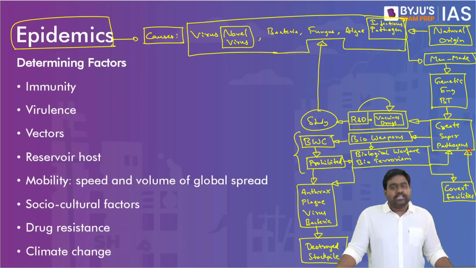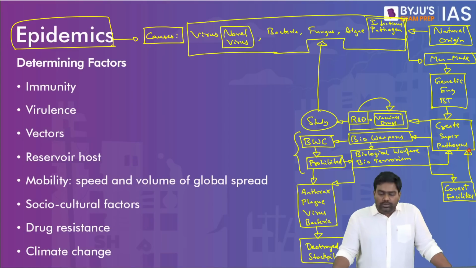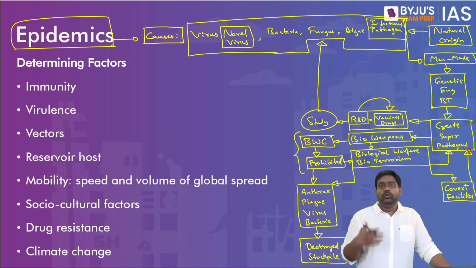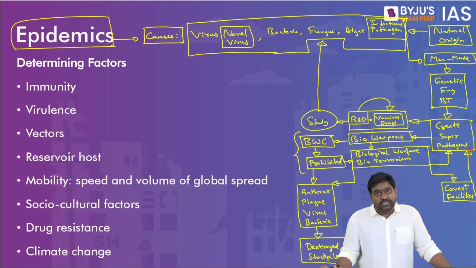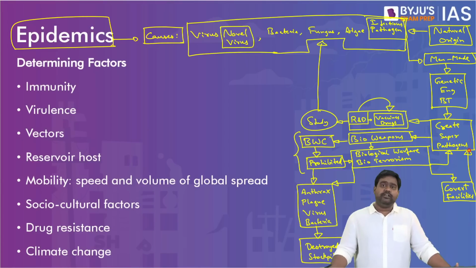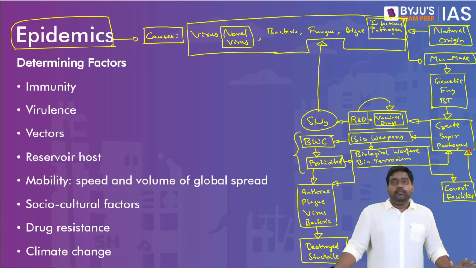But at least as per the available information, most of the countries have followed the international convention and have destroyed the stockpile, and they're no longer producing bioweapons. But the possibility is always there that there could be certain covert facilities which many governments could be using to produce and stockpile bioweapons. Is that clear? US might have done it, China might have done it, India itself might have done it. But we are not aware of this in the public domain.